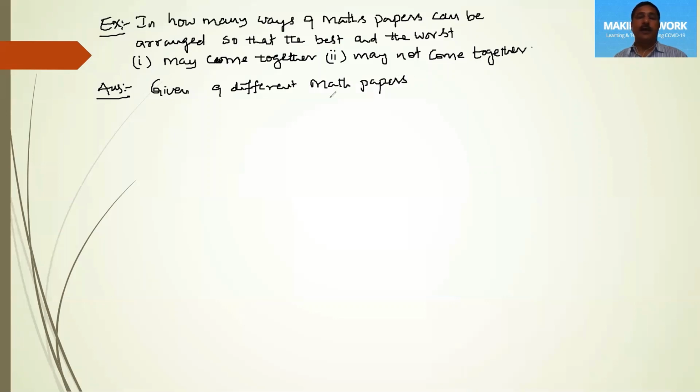Right? Now, here we have to arrange all these 9 maths papers so that the best and the worst, there are 2 particular papers.